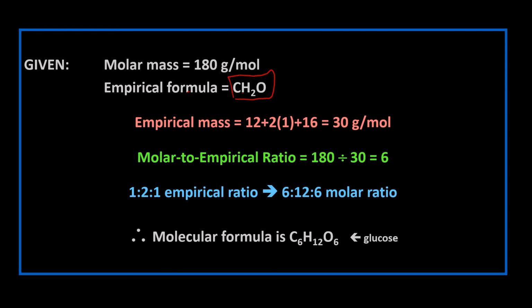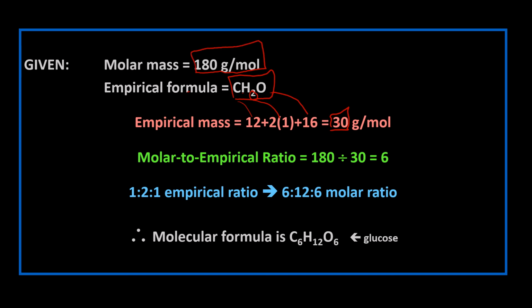Well, we know carbon has a mass of 12, hydrogen has a mass of 1 and there are 2 of them, and oxygen has a molar mass of 16. So that equals 30. The empirical formula has a molar mass of 30 grams. Now to convert, we said that our given molecule is 180 grams per mole.